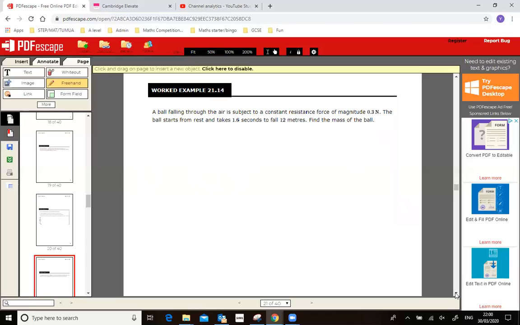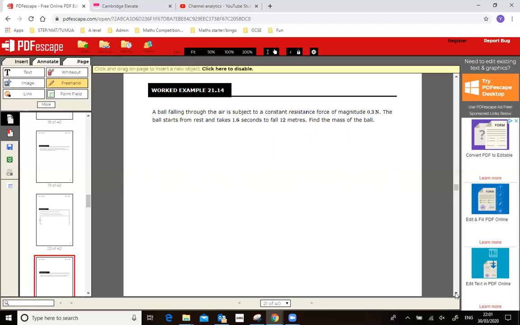The ball starts from rest and takes 1.6 seconds to fall 12 meters. Find the mass of the ball. Okay, so there's quite a few things going on, and because we've been given the time and also the distance the ball has fallen through, that means at some point we definitely have to think about the SUVAT equation.